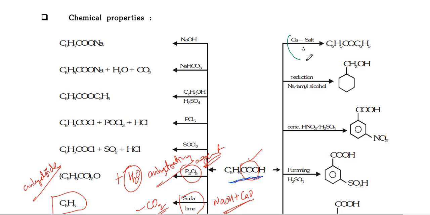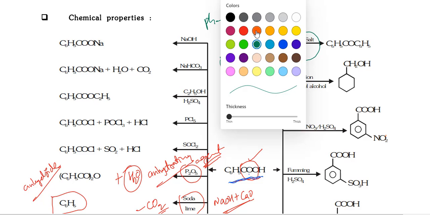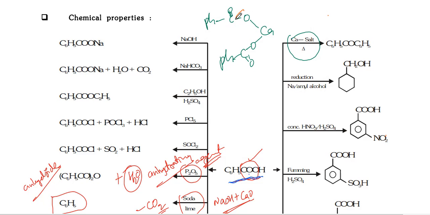Okay, and calcium salts. Calcium salt means calcium carboxylate. This is the calcium carboxylate. By heating, it forms calcium carbonate. First of all, calcium carbonate is formed.